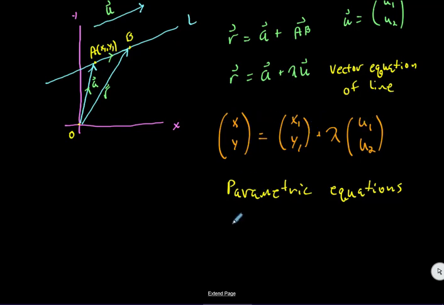So our x coordinate would be equal to x1 plus this scalar lambda times u sub 1, and our y coordinate is equal to y1 plus lambda u sub 2. And this is what we call our parametric equation.